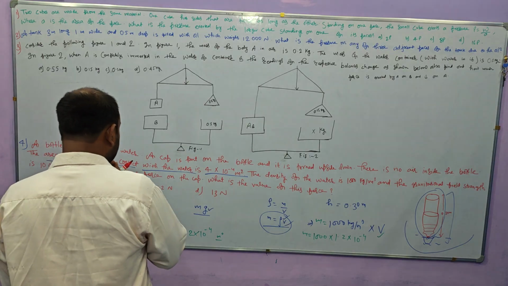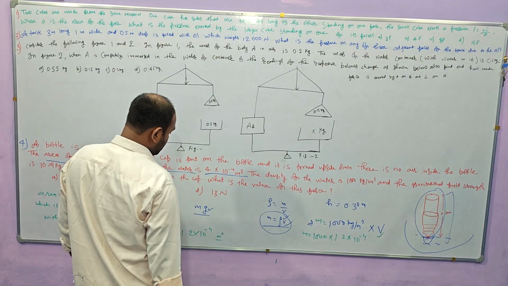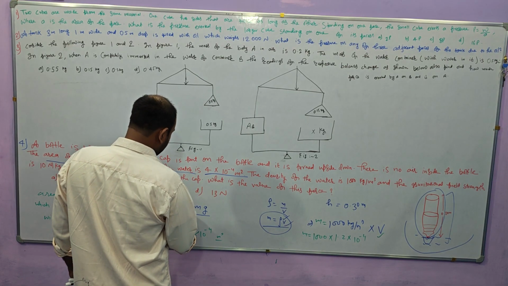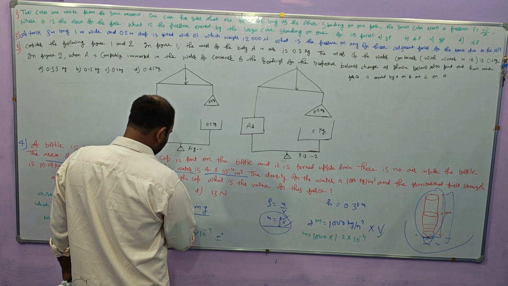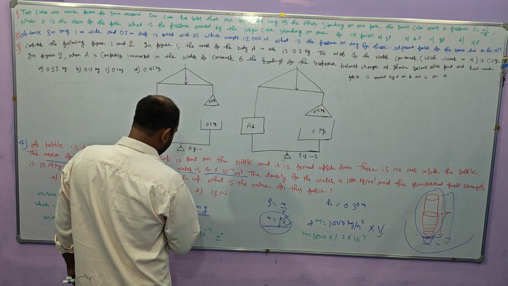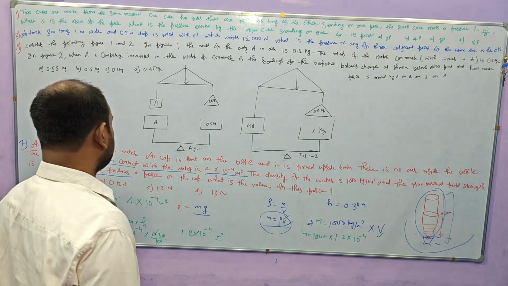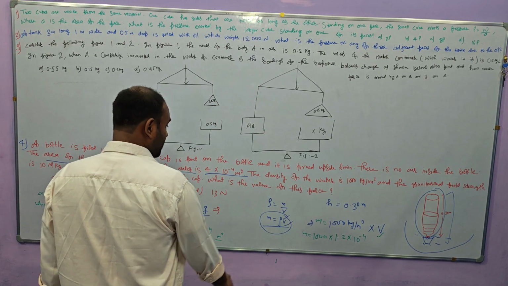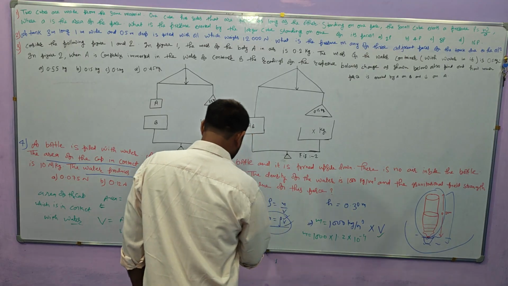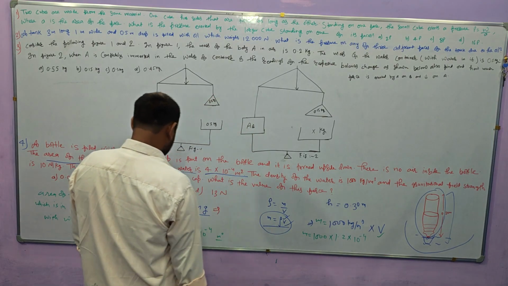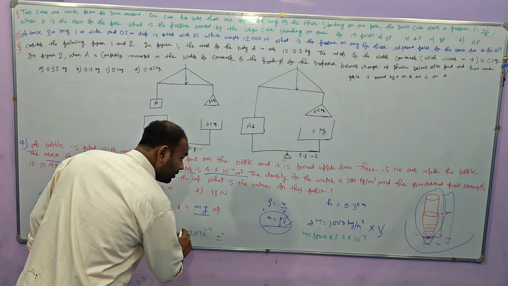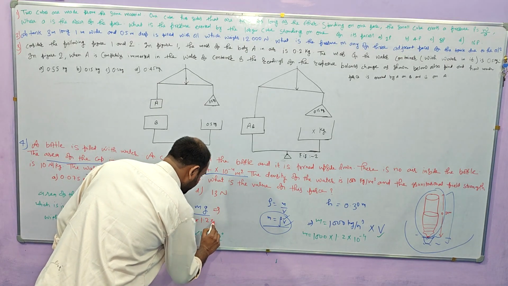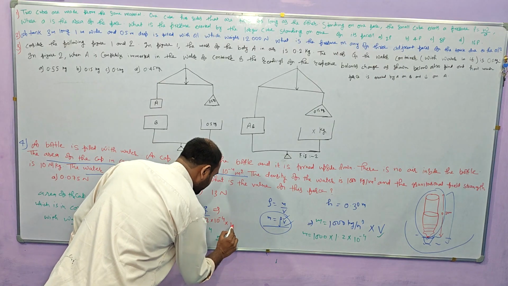Now we need to find out the force, that is F, or the buoyant force, mg. So we have the mass: 1000 into 1.2 into 10 to the power minus 4 into 10.